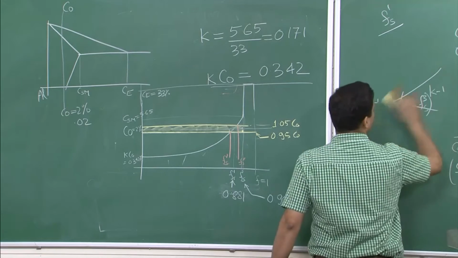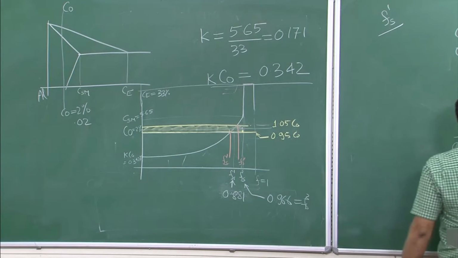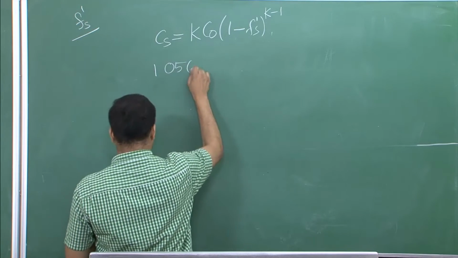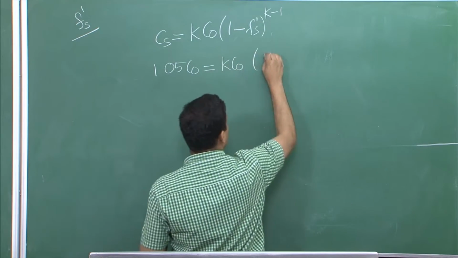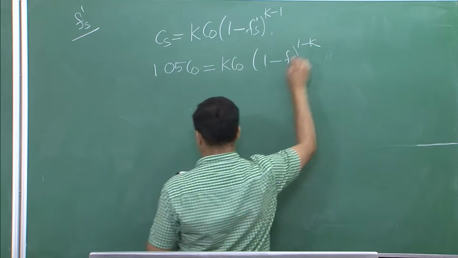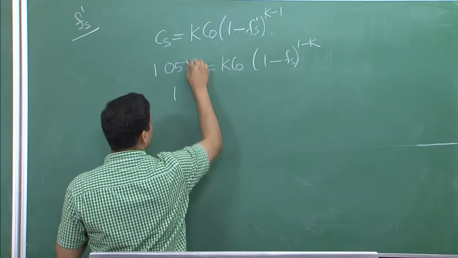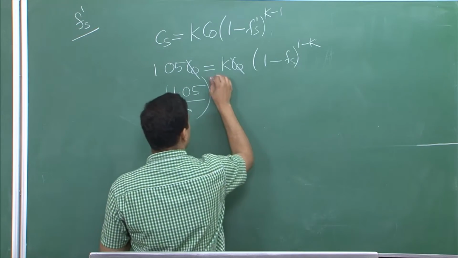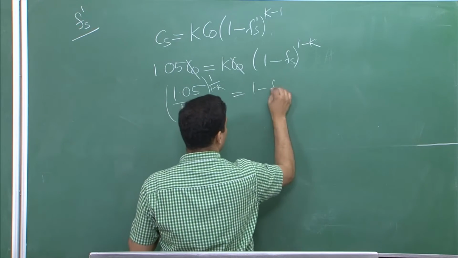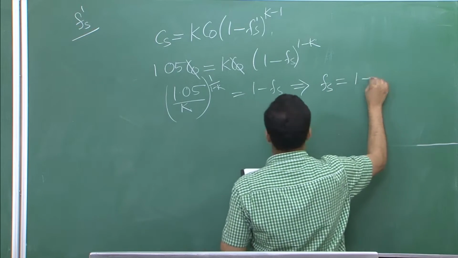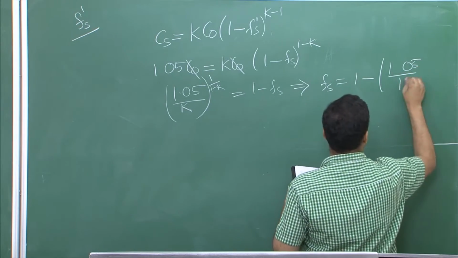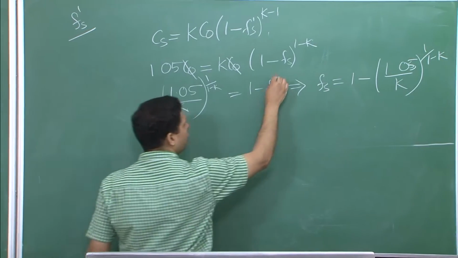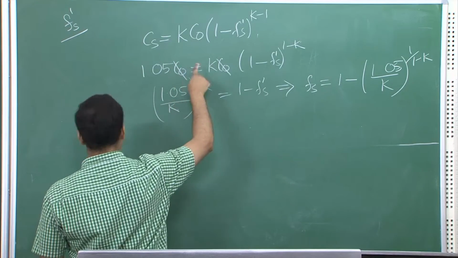So let's again use Shell's equation. This is Fs prime, sorry, we have put 1.05, so it is Fs double prime.